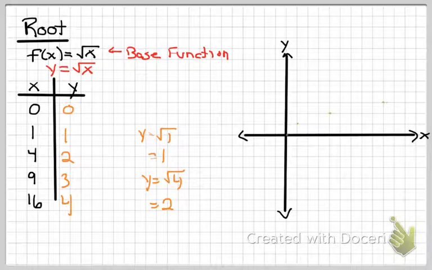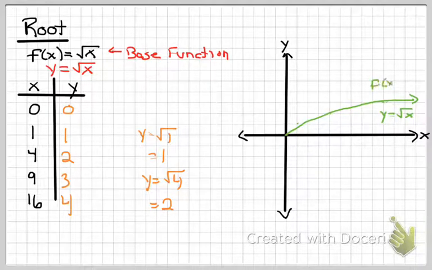Our graph's not large enough to graph the 16, 4, so now we can just connect those, and again that is a curved line. Label it y equals the root of x, or you can label it in function notation, so f of x equals the root of x.